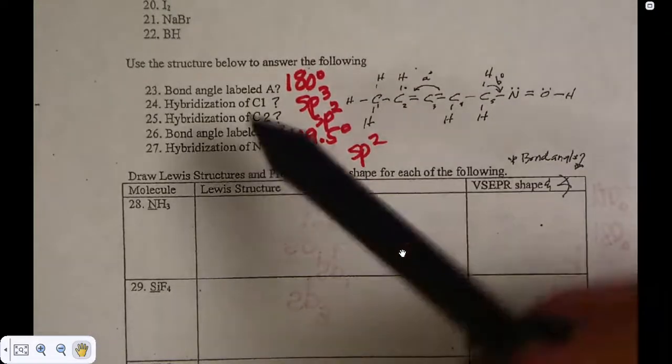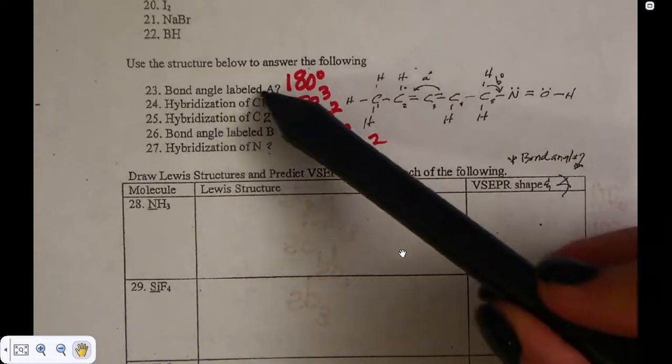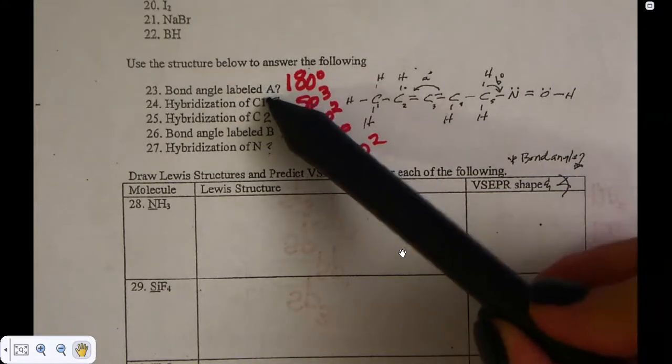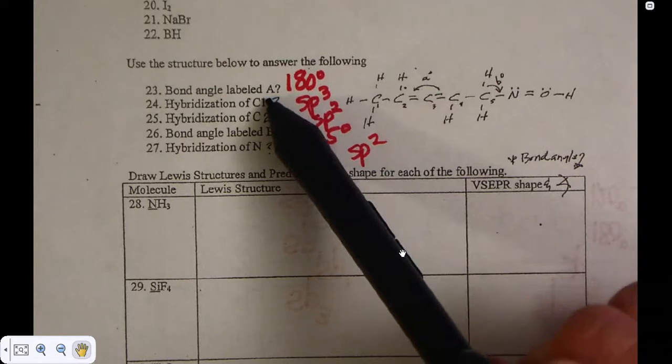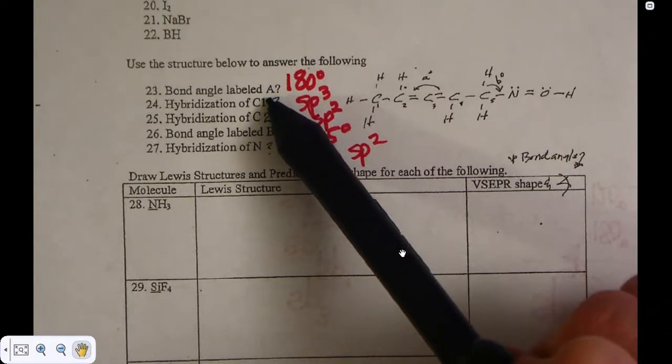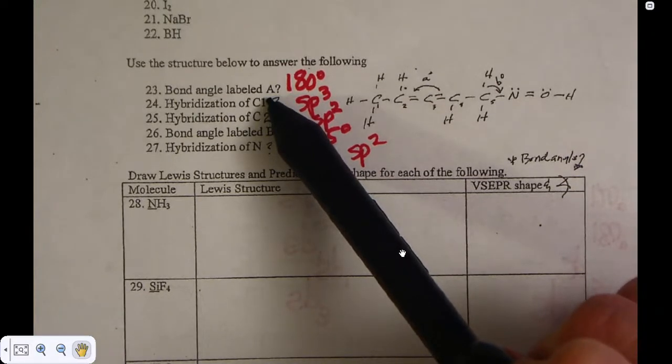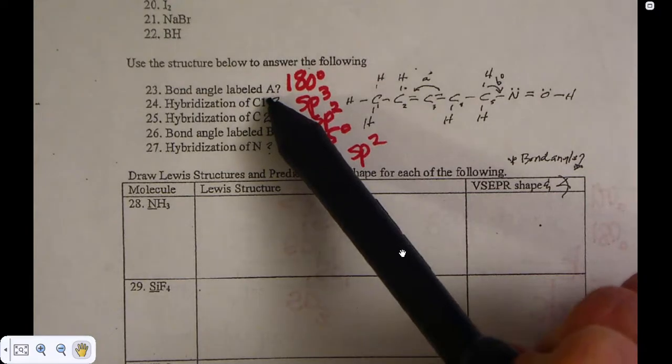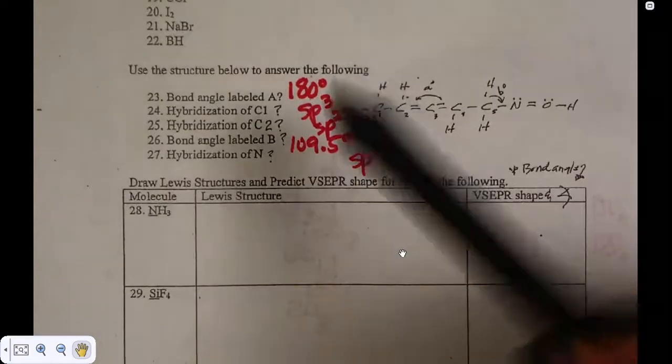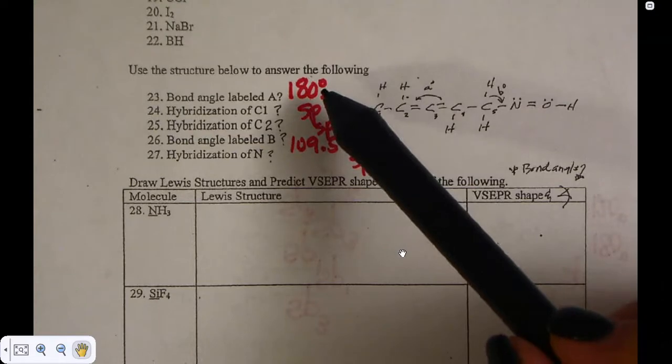So there's a couple of these where I'm asking about a bond angle measure. So to get your bond angle measurements, you have to go back to the VSEPR theory. Remember, with VSEPR theory, we learned about the different bond angles based on the VSEPR shape. So to get a bond angle, you do want to rely on the information from the VSEPR theory.